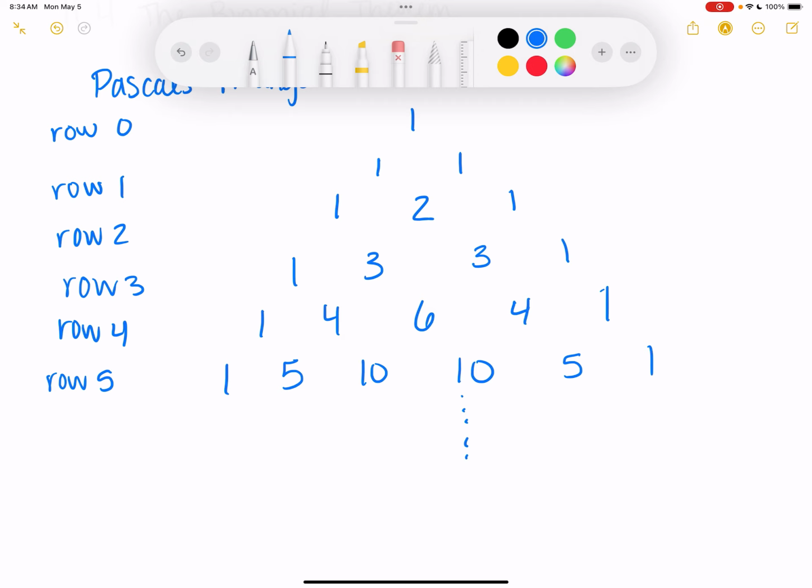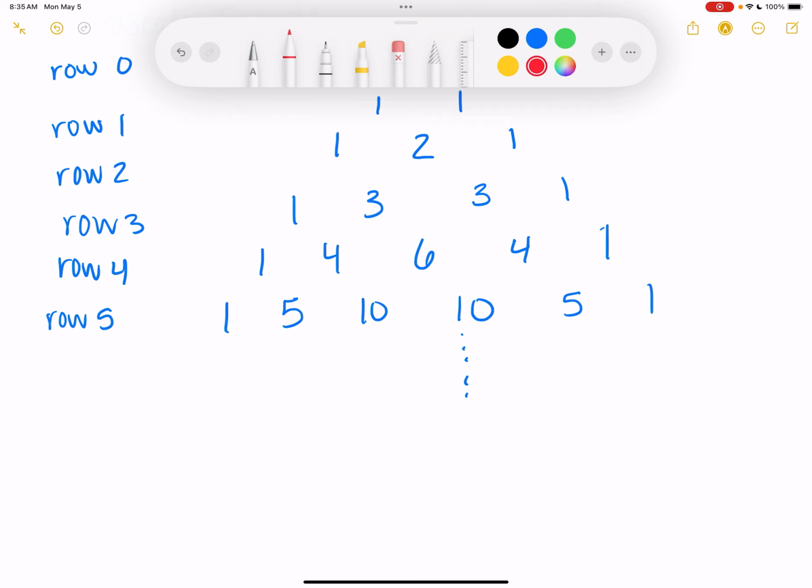And so basically if I had, let's say, x plus y to the 5th, then I'm going to use the coefficients from row 5 to write this out.